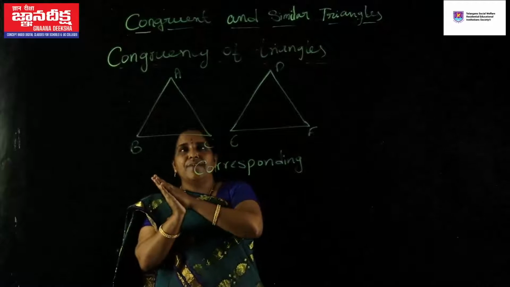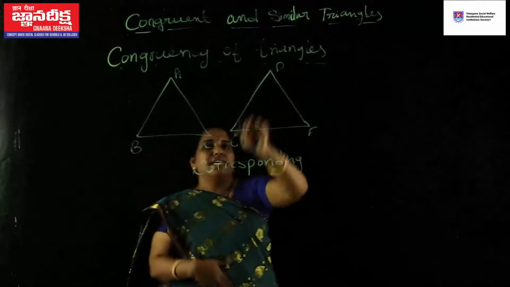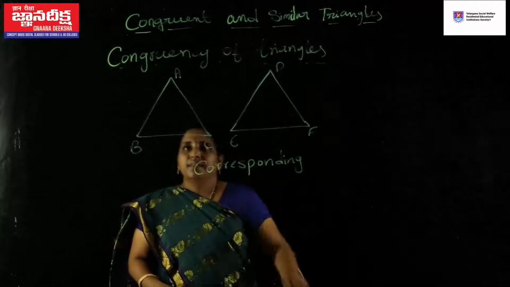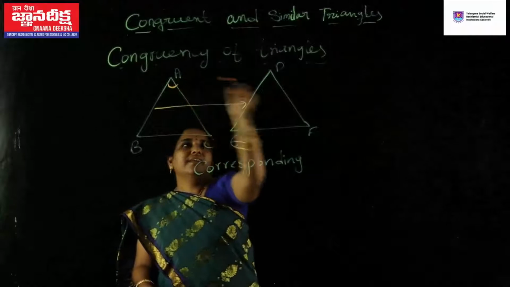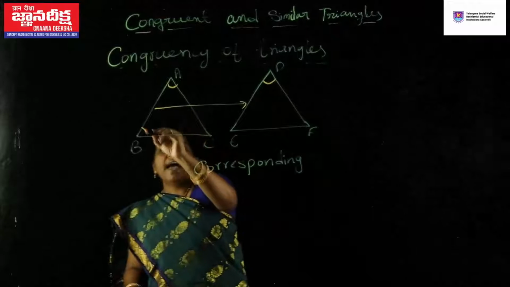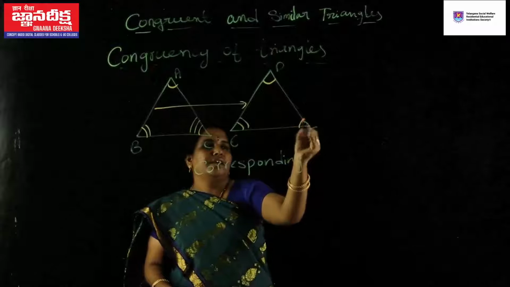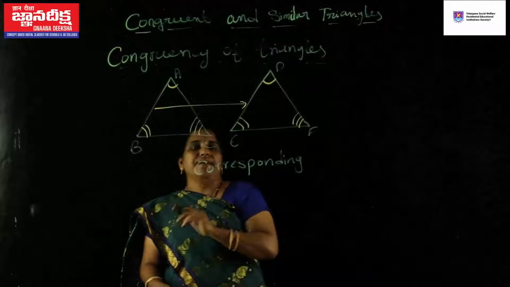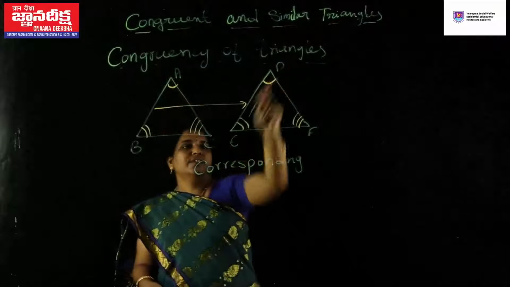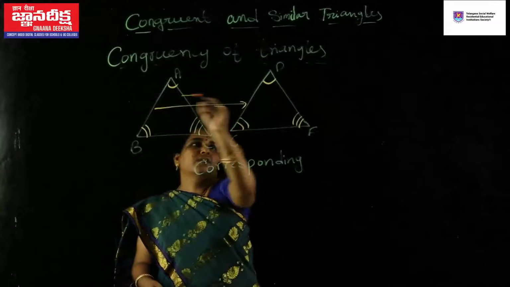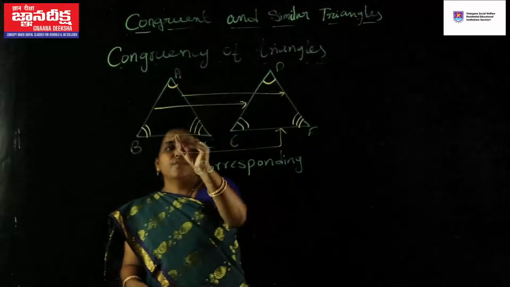Similarly, in the same way, when we lift this triangle ABC and place it on DEF, automatically angle A falls on angle D, angle B falls on angle E, and angle C will be coinciding with angle F. So they fall on these 3 vertices or angles. Even sides AB falls on DE, AC on DF and BC and EF fall on each other.